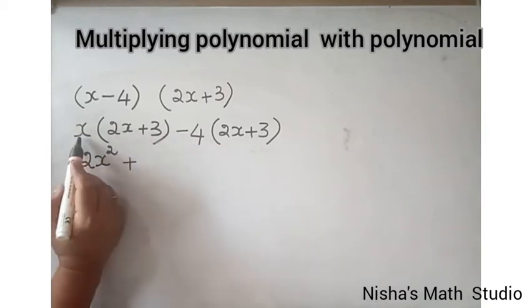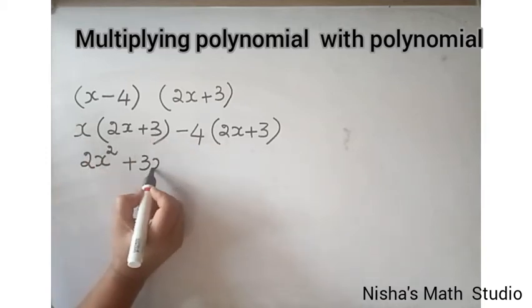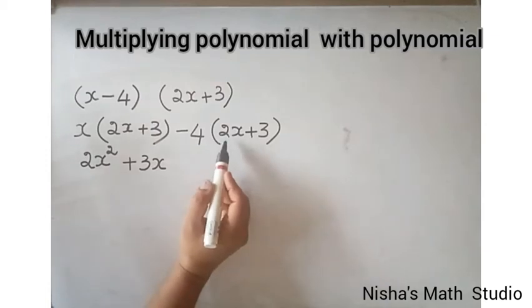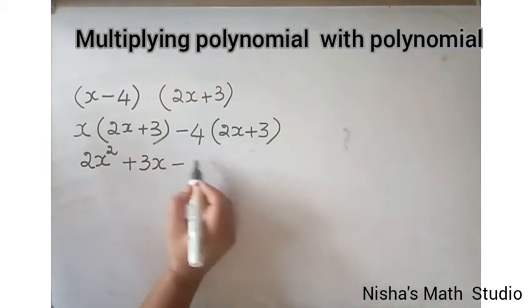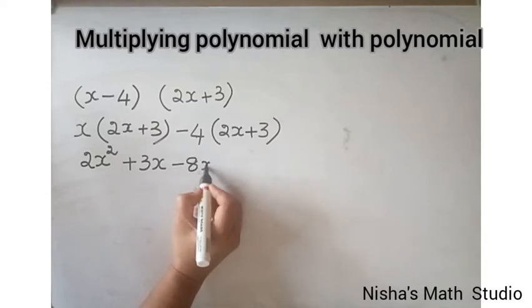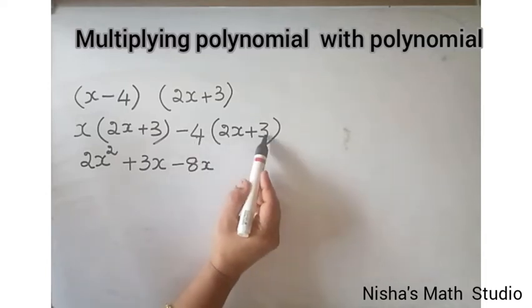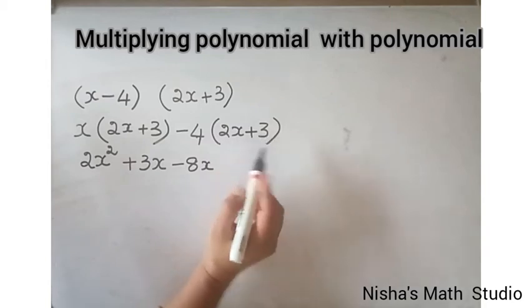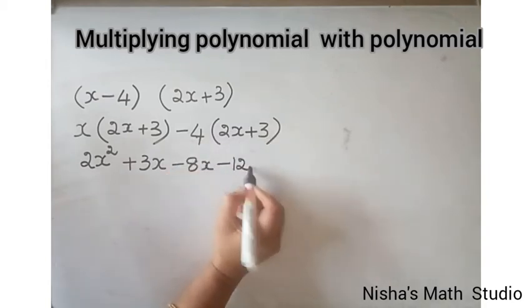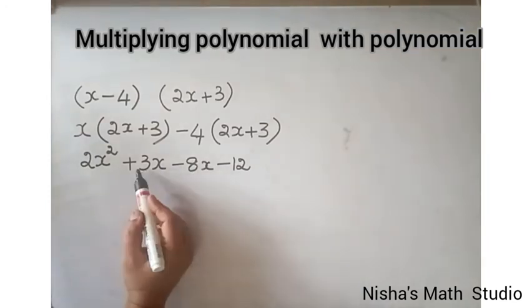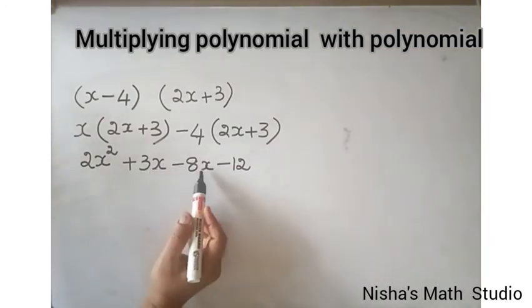Plus 3 into x will give you 3x. This part, 4 2s are 8 and it is a minus sign here. So minus 8x, minus 4 into plus 3. 4 3s are 12. Minus into plus is minus, so minus 12. Here you have like terms, 3x and 8x.